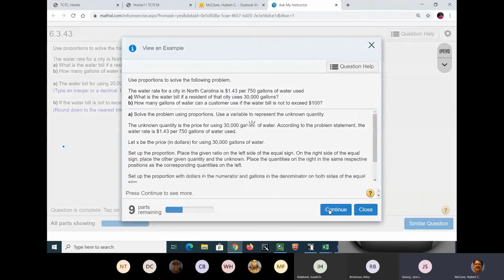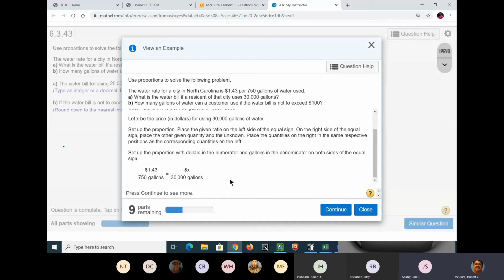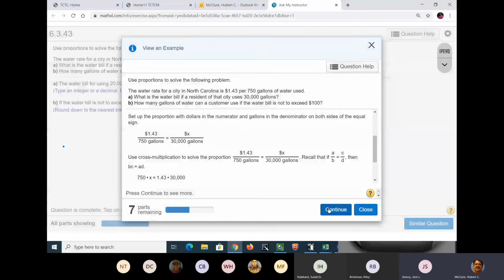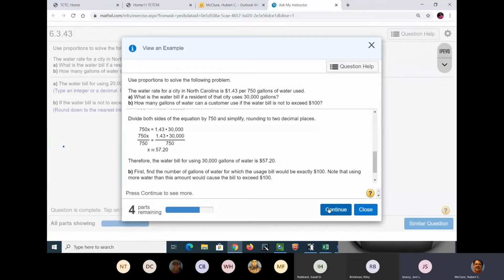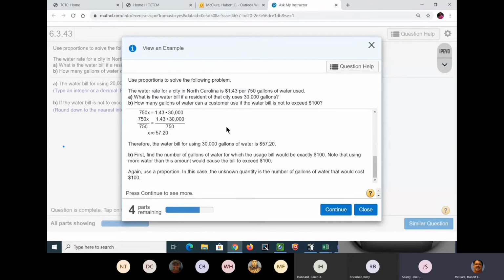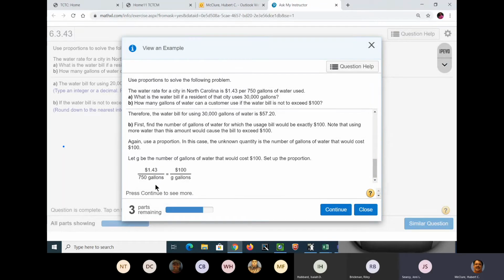I do want to see how, okay, they set it up like I did. All right, how did they do the second part? Okay, they said $100, so I wonder if they divide. Yeah, okay. So I did have it set up almost the same.